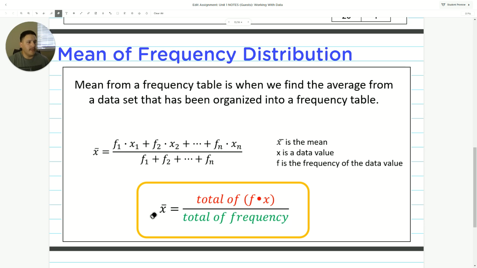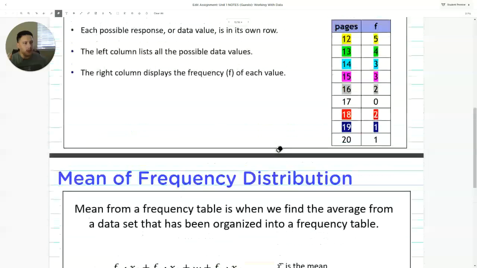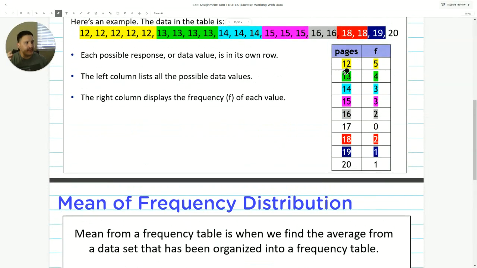Okay, so to find the average of a frequency distribution table, we're going to take the total of f times x, frequency times the value, the data value from that table. So we're going to multiply these two and then add them with the multiplication of 13 and 4.